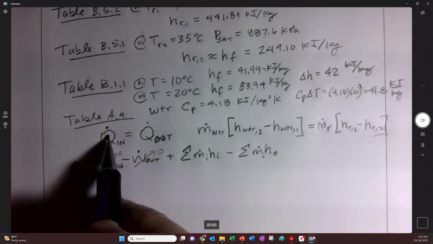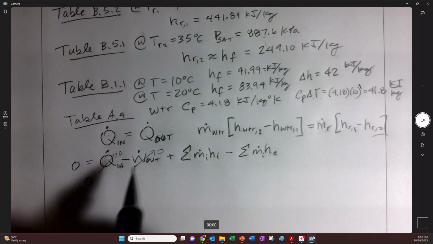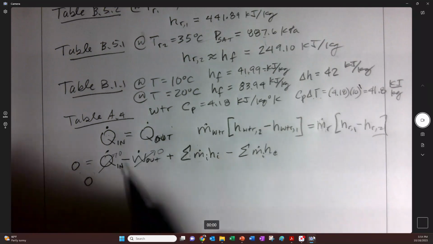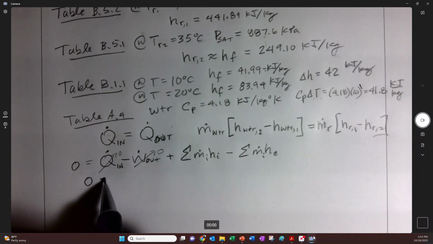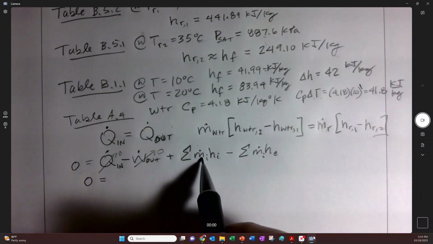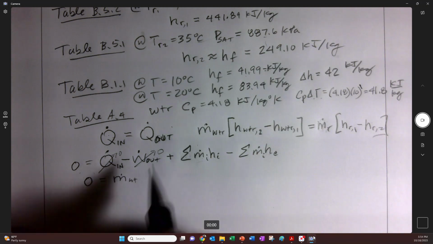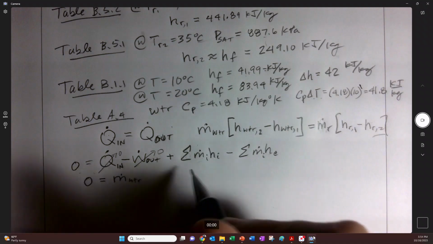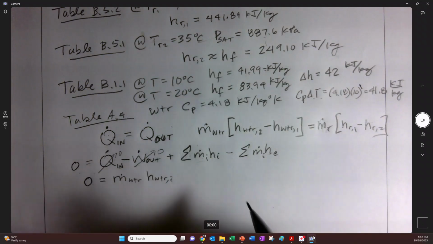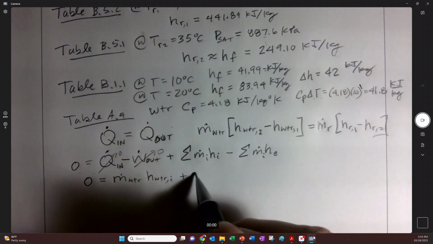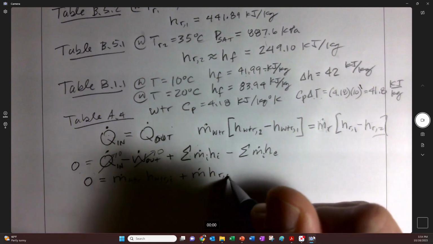This is a description of heat going across the internal surfaces, basically. But here is the heat that will be on the outside of the heat exchanger, which is presumably insulated. So we'll say here is going to be m dot water, h water in, plus m dot h refrigerant in.